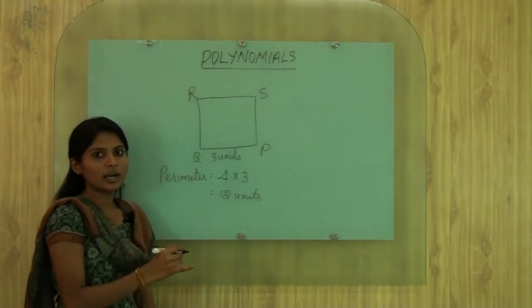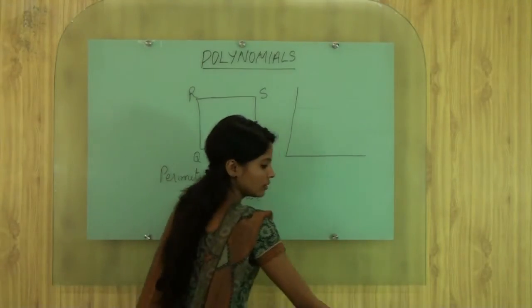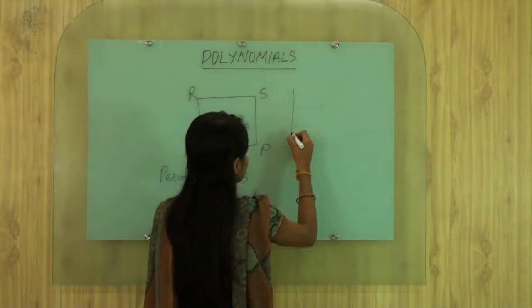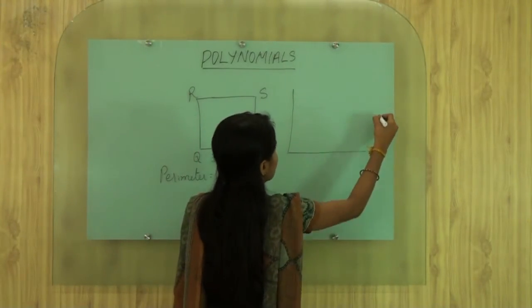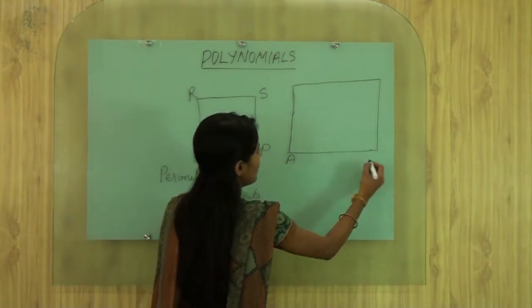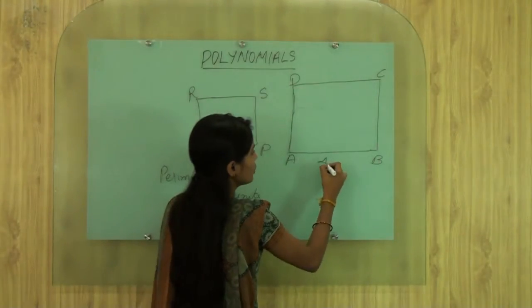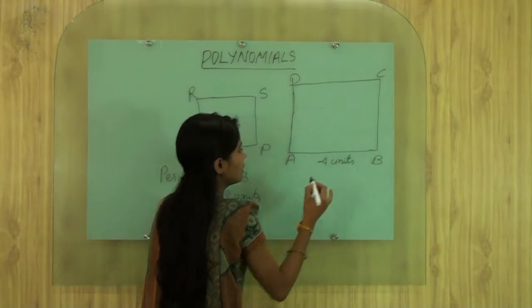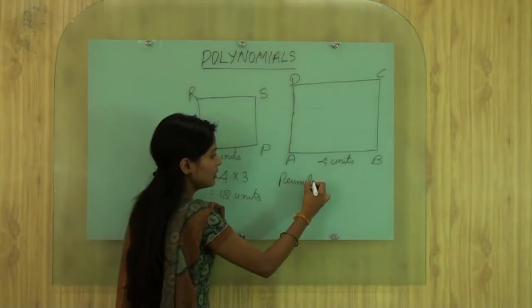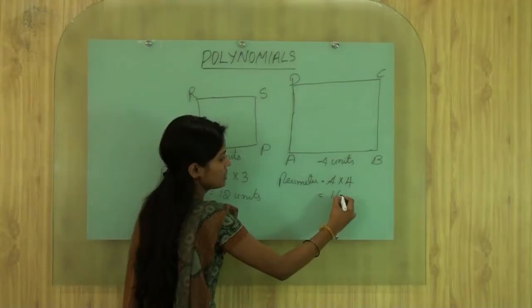Let's consider another square ABCD of 4 units. Then how do you calculate the perimeter? Perimeter is equal to 4 into 4, which is 16 units.